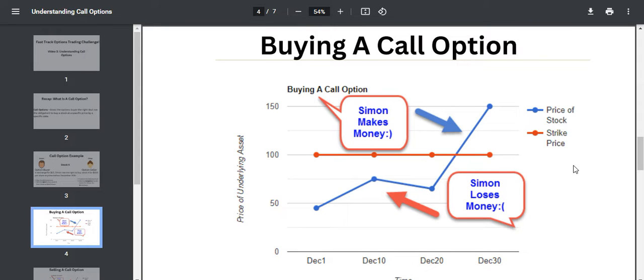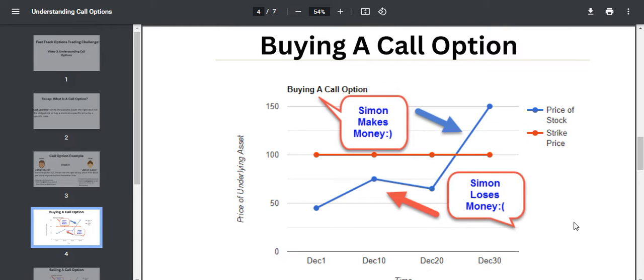Say it goes up to $150, well, Simon is in the money. His profit is going to be $150 minus the premium. So Simon makes $35 if it went up to $150. So anything here, Simon makes profit.